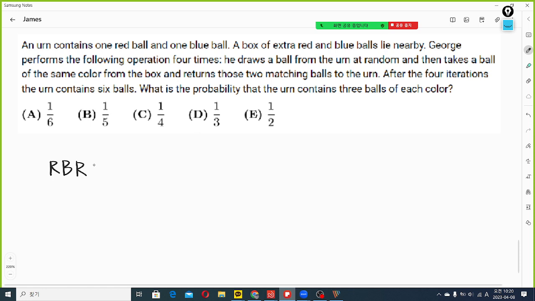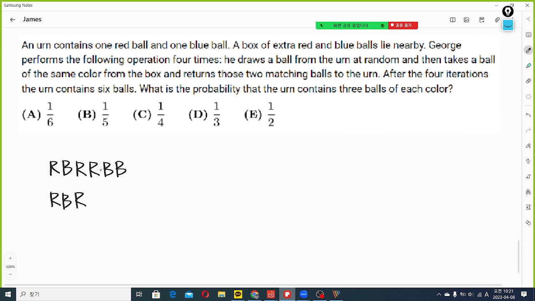So that means we should have three red balls and three blue balls. So the possible cases are like this. After picking a red ball in the first attempt, we should choose one red ball and two blue balls.